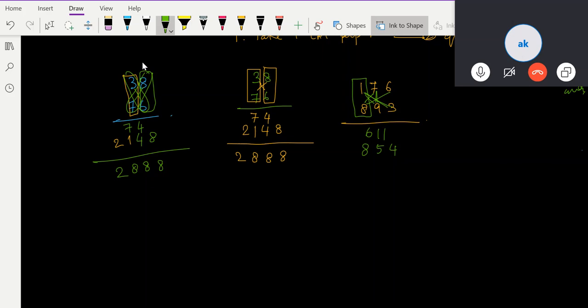Okay. Next step, 9 into 6, 7 into 3. 9 6s are 54 and 7 3s are 21. So that is 75, right? And last step is 6 into 3, which is 18.